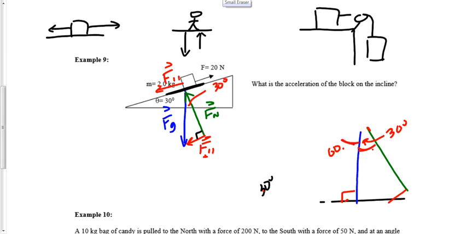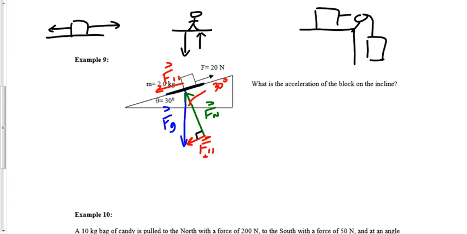Okay, off to the side here, we're going to find F parallel. I'm going to say sine 30 degrees is equal to opposite, which is F parallel, over hypotenuse, which is the force of gravity.